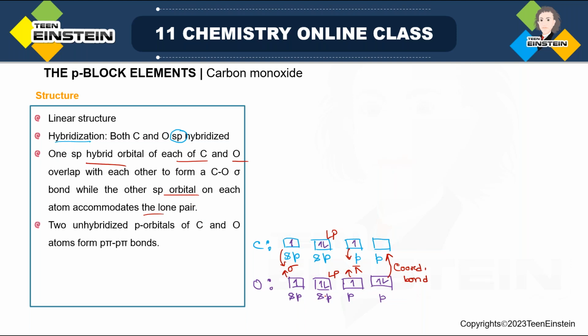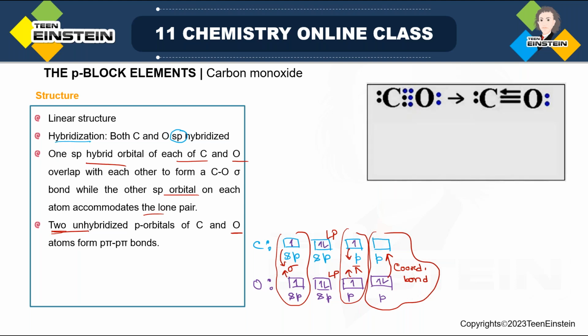Now the 2 unhybridized p orbitals, one from carbon and another from oxygen, not 2 from carbon, will form the pi bond. So this one is the pi bond, this is the sigma bond, this is the coordinate bond, and these two are lone pairs.